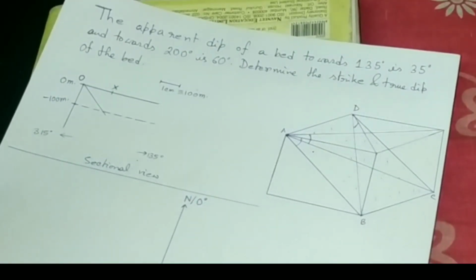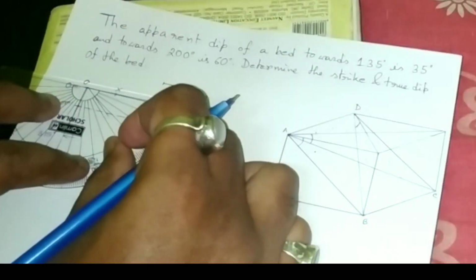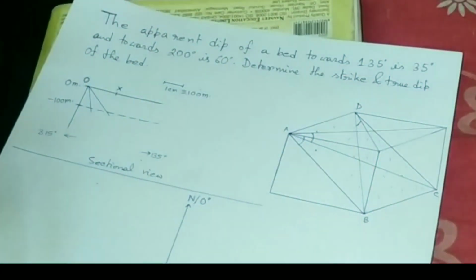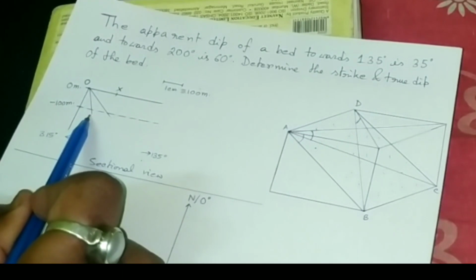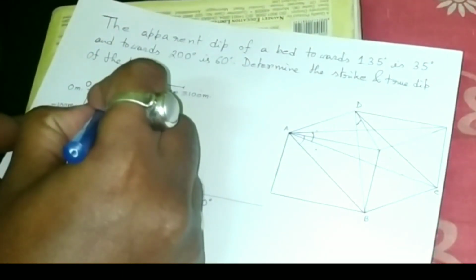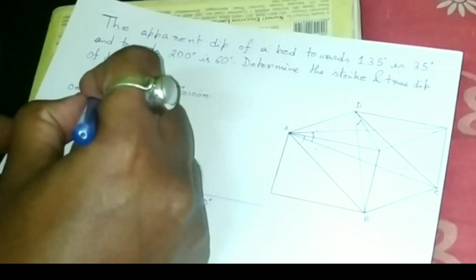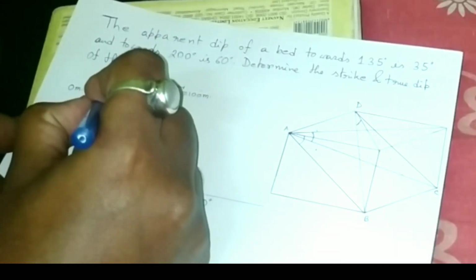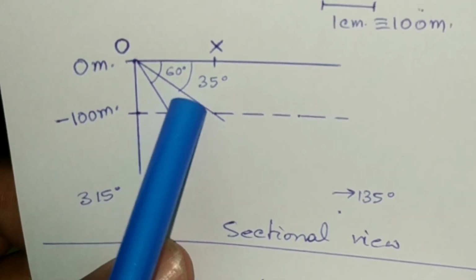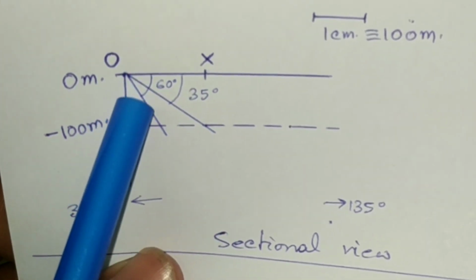So what we will be doing now, that 60 degree is the amount, this is the 60 degree plane. This angle was 35 degree and this angle is 60 degree. This angle was 35 degree and this is the 60 degree.